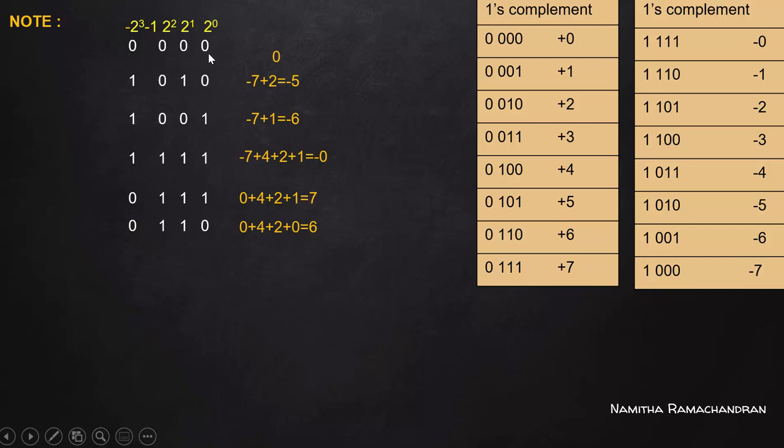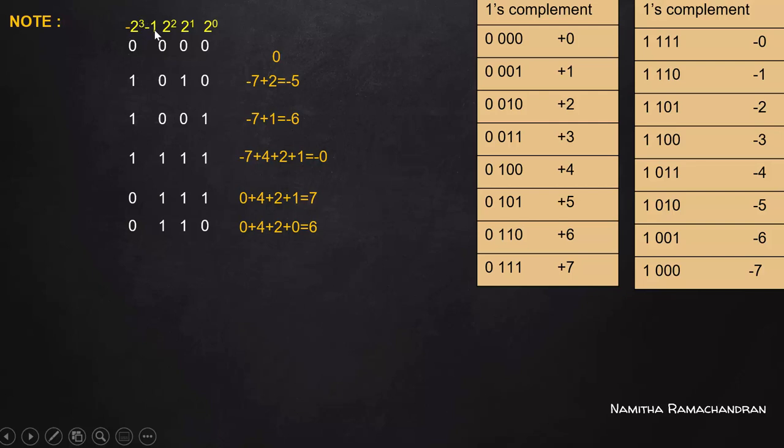So here for positive 0, the binary representation in ones complement form is like this, and its value is obtained while considering the positional weightage. 0 into 2 to the power 0 plus 0 into 2 to the power 1 plus 0 into 2 square plus 0 into minus of 2 cube minus 1.